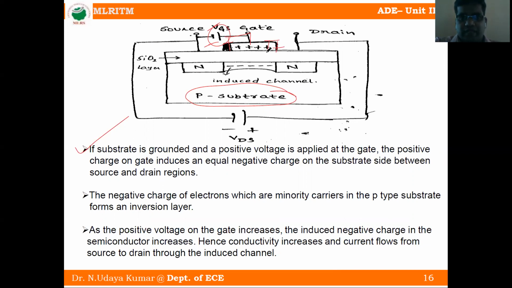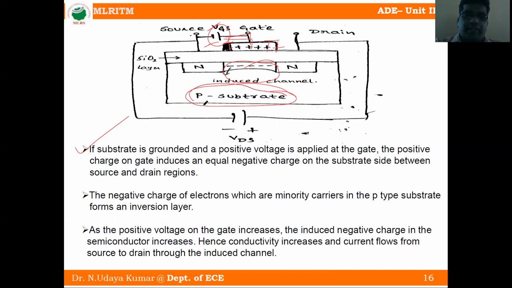Whenever the positive terminal of the battery is connected to the gate, the positive charges, we call them holes. The charge on the gate induces an equal negative charge on the substrate side between source and drain. It induces negative charges at the channel. These negative charges, electrons, which are minority carriers in the P-type substrate, form an inversion layer.